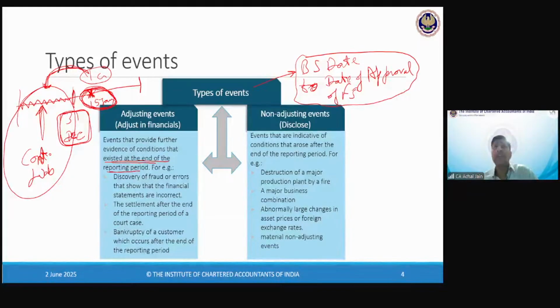So the idea is not that the litigation should have been going on. The idea is, was it known to the company at that point of time or not? Yes, sir. Okay, so can we say yes now? Yes, sir. Okay. Now, the moment we say yes, what does it become? It becomes an adjusting event.